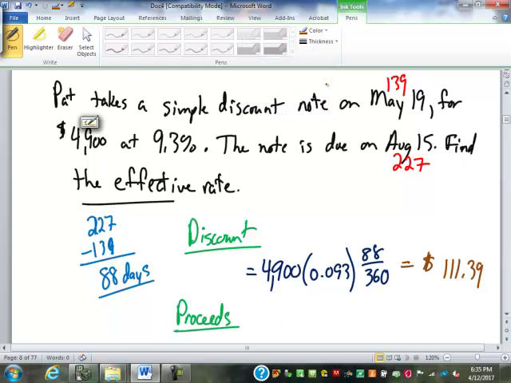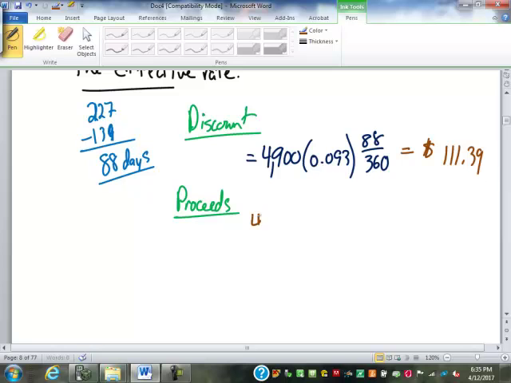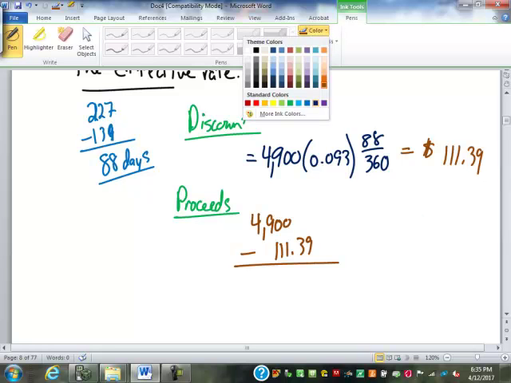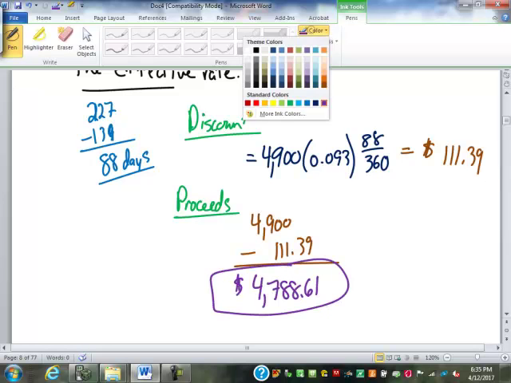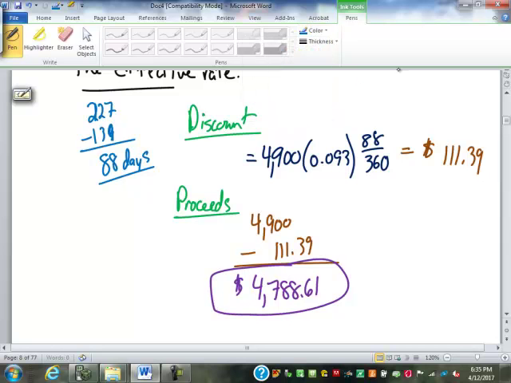Proceeds are going to be $4,900 minus the $111.39, which is going to be $4,788.61. You've got it? Yep. Okay.